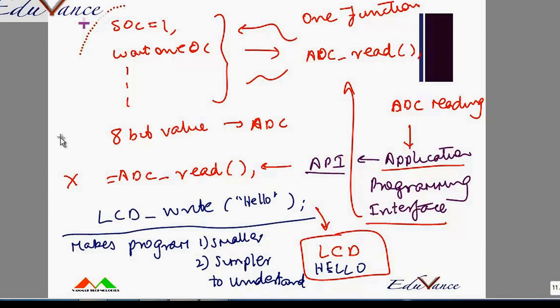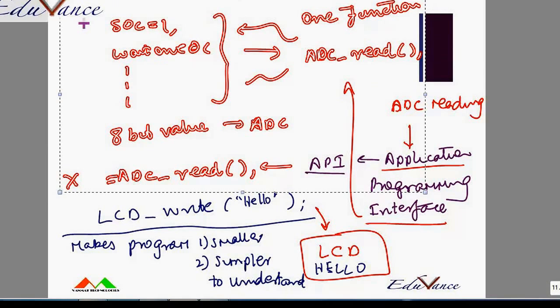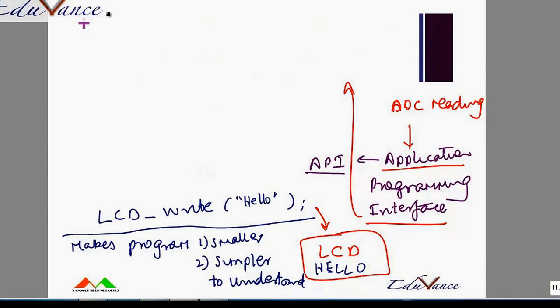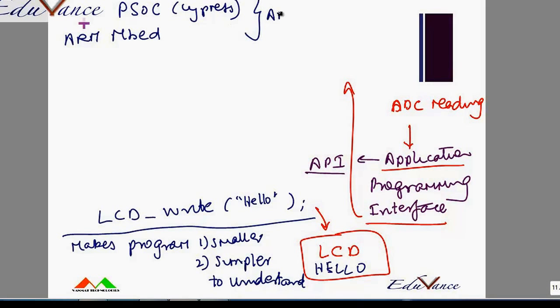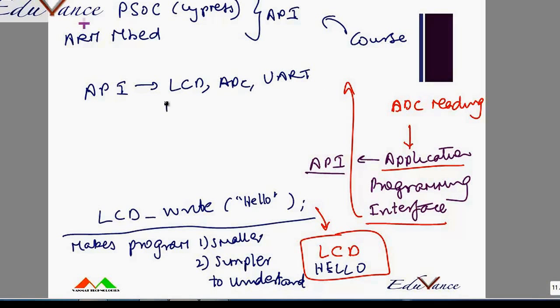Okay. Now, most commercial SOCs, like the PSoC or the Programmable System on Chip from Cypress or the ARM mbed platform, it's mbed, M with BED, most of them have an API style of programming, and I'm sure as a part of the future lab or course you will be learning one of these platforms, and you will see that all of them have APIs to work with LCD, ADC, UART, USB.